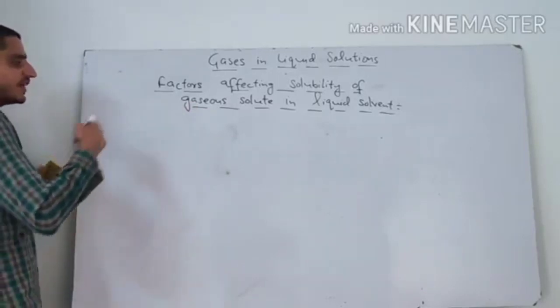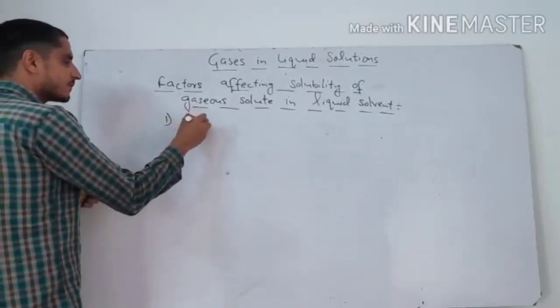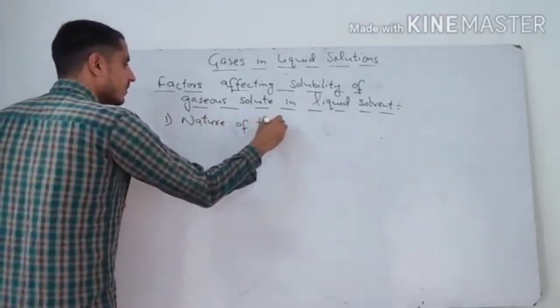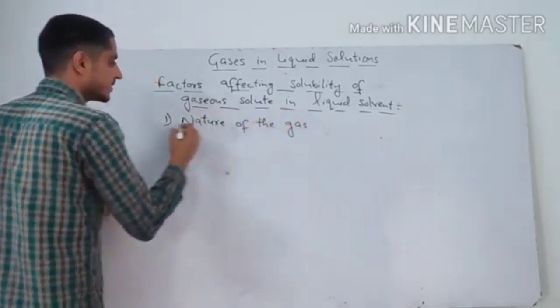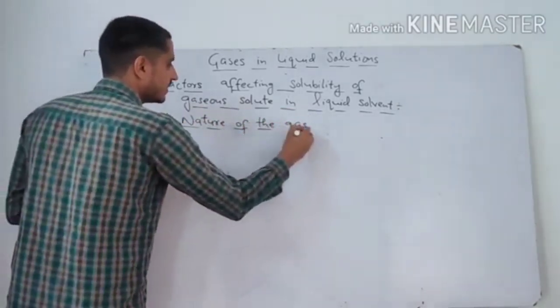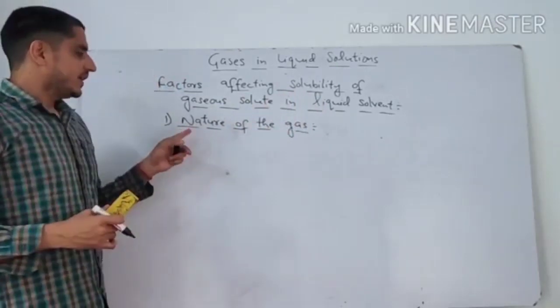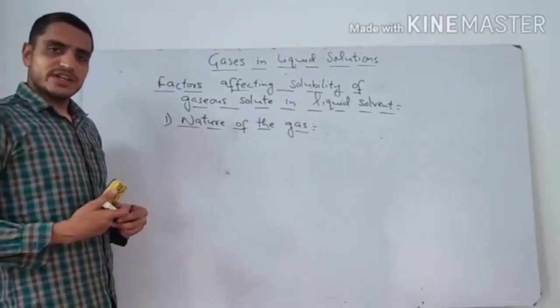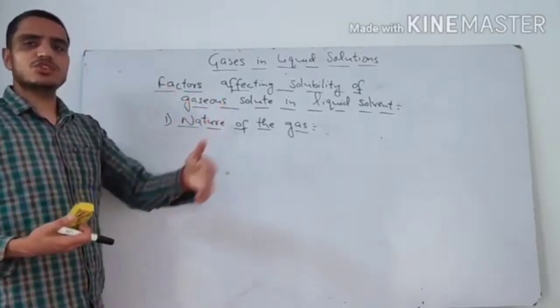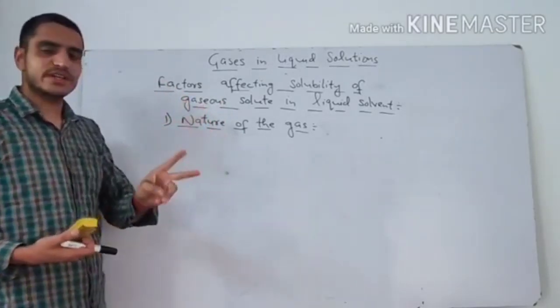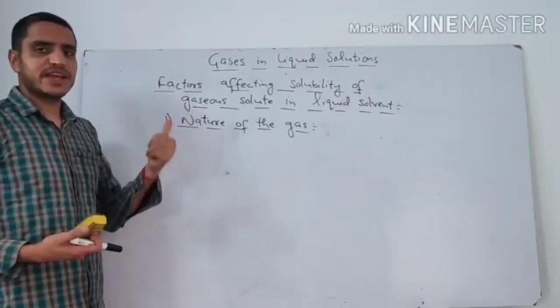Okay. So the first factor which affects is the nature of the gas. If the gas is polar... you may have heard polar dissolves polar, like attracts like. There are two components here, one is liquid and one is gas.